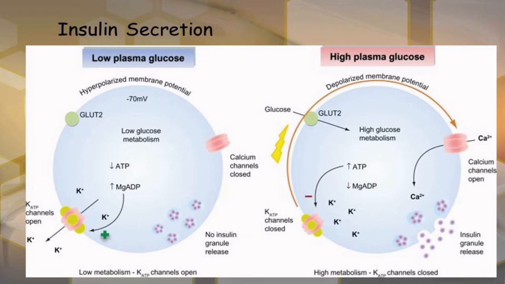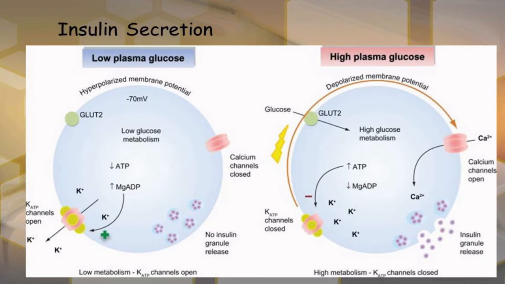So when ATP is low, ADP is approximately or reciprocally high, right? Because ATP is converted to ADP in the process of energy release. So the ADP concentration is high.